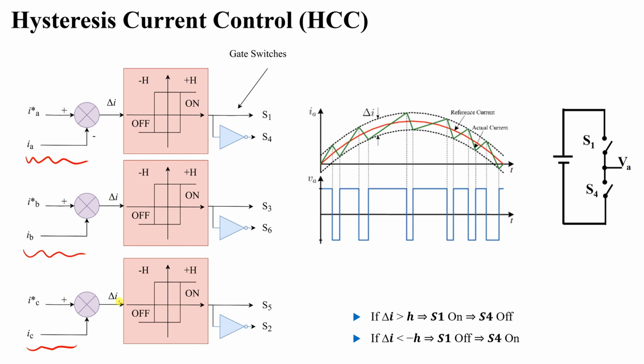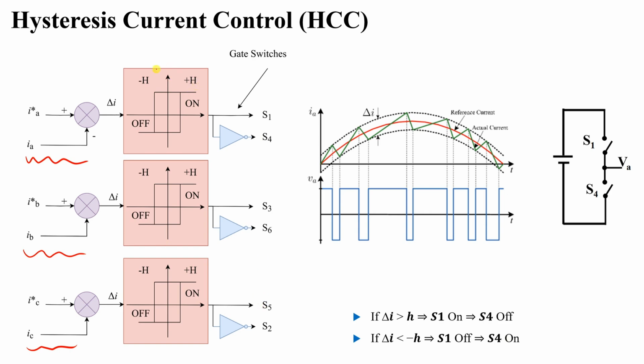It goes to a hysteresis current controller that gives pulses to S1, and for the second, lower switch, it will be the inverse of it, right? We know that if S1 is on, then S4 is off, or if S4 is on, then S1 is off, right? Similarly for the other switches.